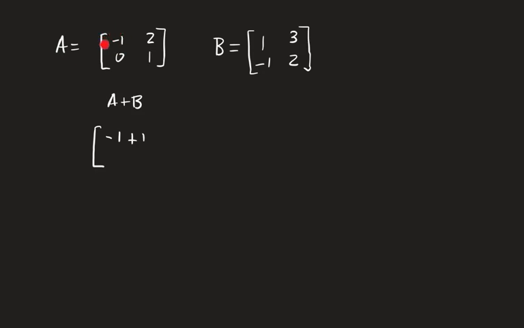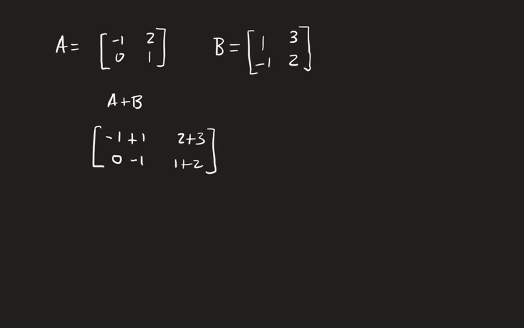So the top left corner, and you add those 2, and then you're going to do bottom left, so 0, and then you're going to be getting the bottom left from the other one, and you get -1. Then we're going to do the top right, that's going to be 2 plus 3, and then we're going to do the bottom right, so 1 plus 2.